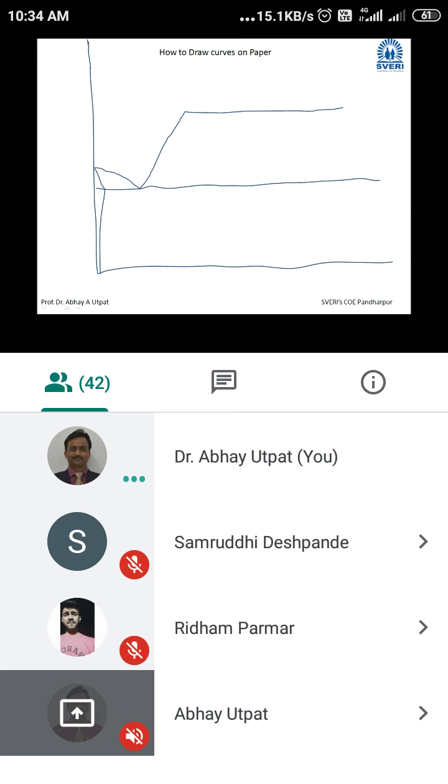Then again this small point, here, in this way. Now we have to draw a tick point.